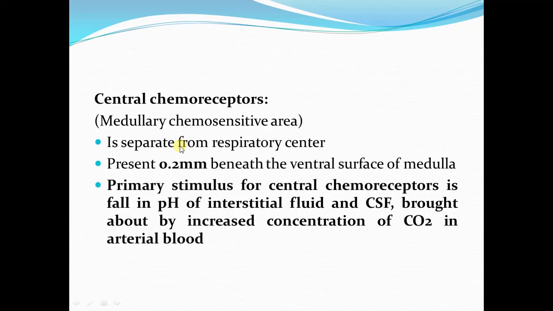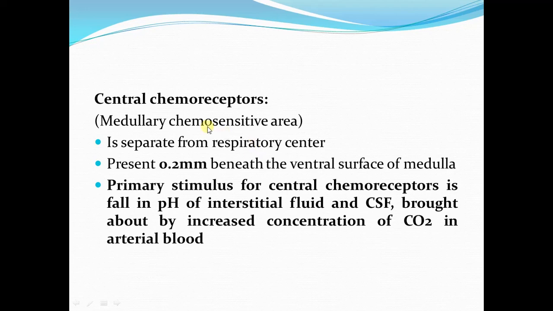First, we are going to talk about the central chemoreceptors. Central chemoreceptors are also known as the medullary chemosensitive area. This is very important to remember, that this chemosensitive area, or the central chemoreceptors, is distinct. This is a separate area from the respiratory center that we discussed in the previous lecture.